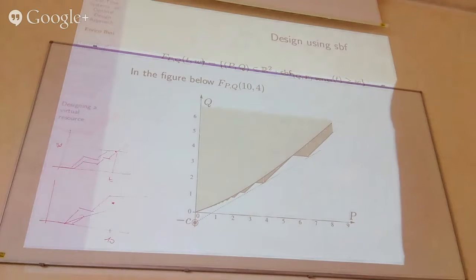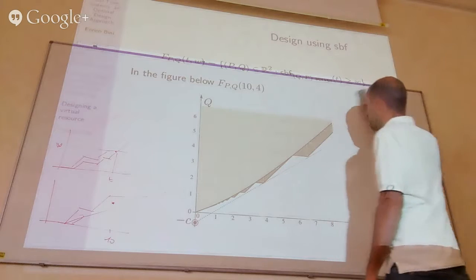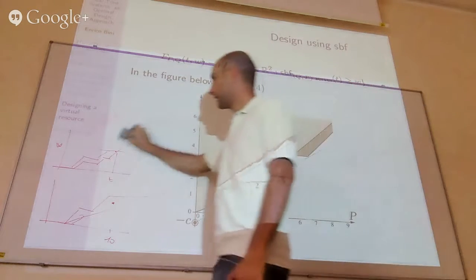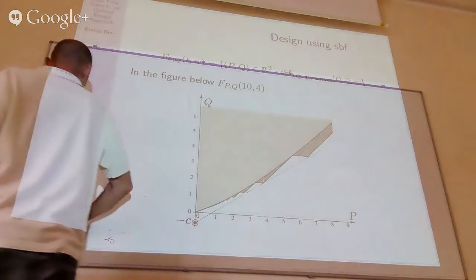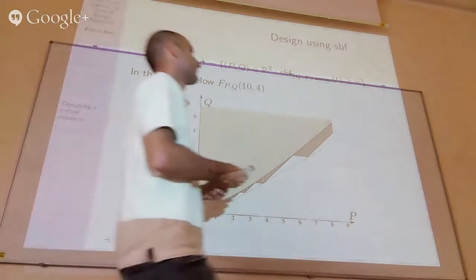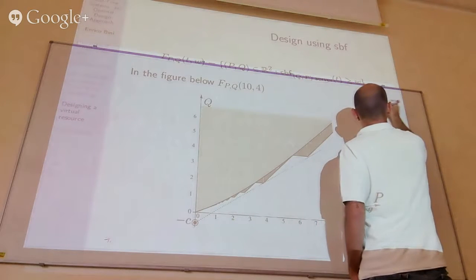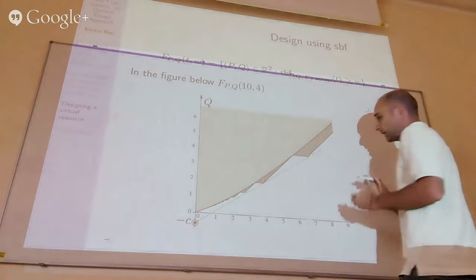Okay, something that I also meant to say is as follows. Let's say that you want to minimize alpha, which is equal to Q over P, right?